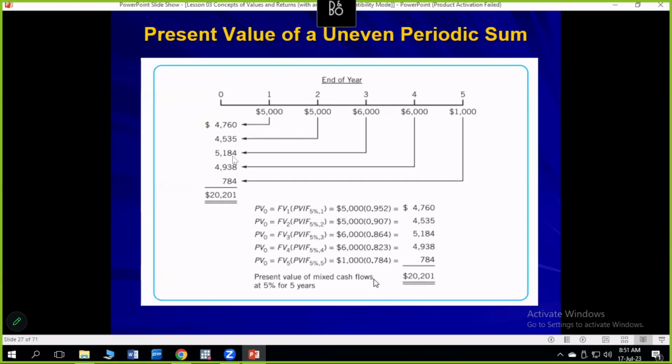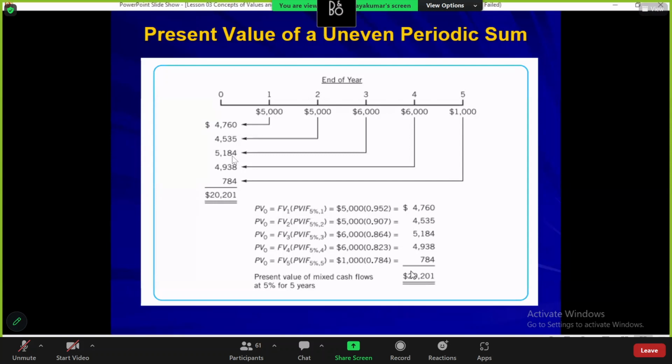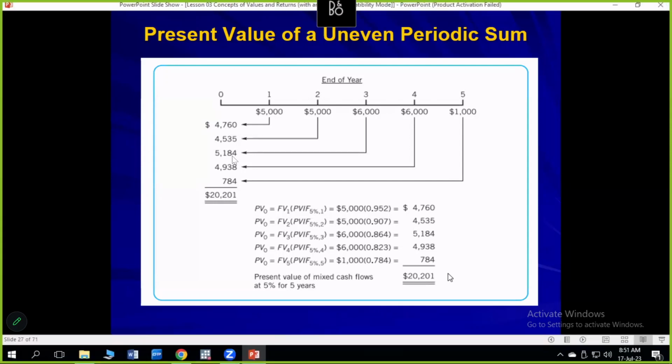If you are asked to calculate a series of cash flows, the total amount would be taken as the correct answer. If the total amount is not correct, your answer would not be accepted.